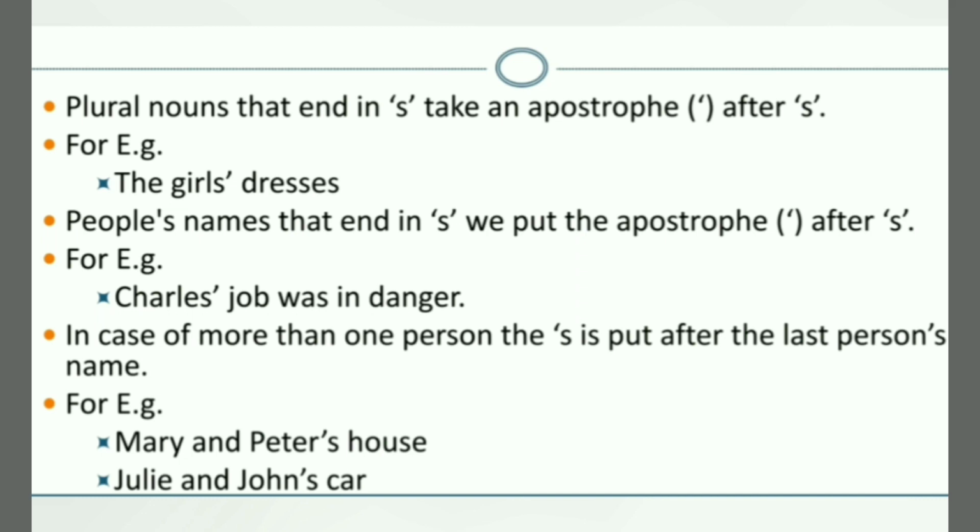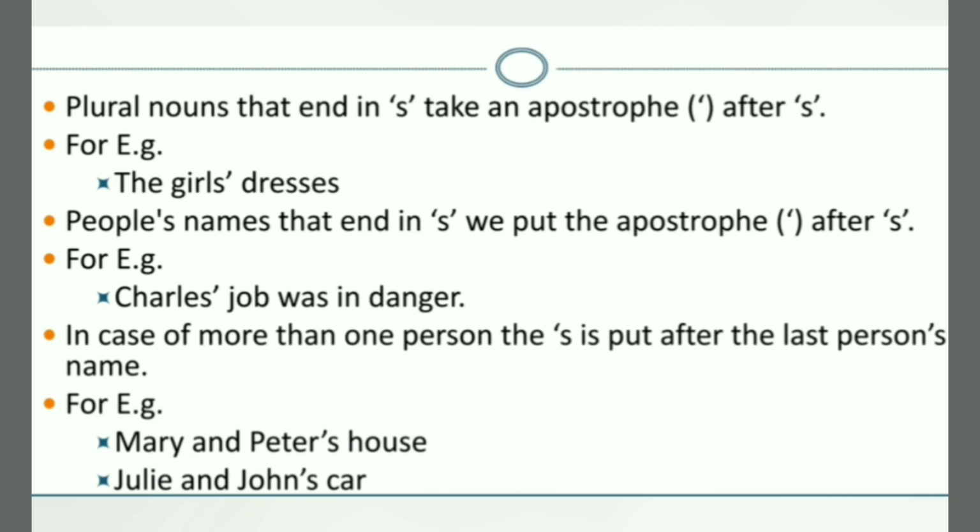For people's names that end in S, we put the apostrophe after S. For example, Charles' job was in danger.